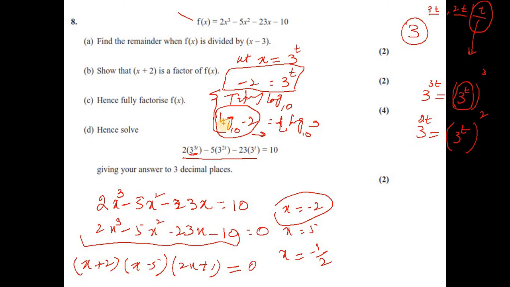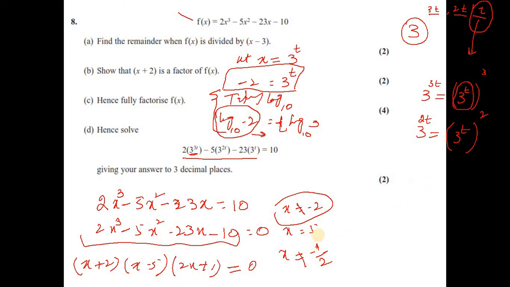That means we cannot find log of a negative number. So for our situation, x cannot equal minus 2, and x cannot equal minus half either. So the only option remaining is x equal to 5. That's how you do that.